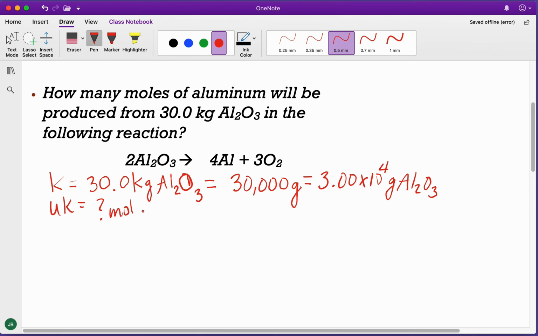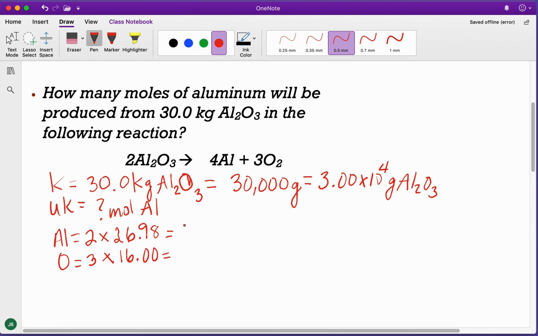All right, so the first thing that we're going to do is solve for the molar mass of aluminum oxide. This ionic compound contains aluminum and oxygen. We have 2 ions of aluminum and 3 ions of oxygen. The mass of aluminum from the periodic table is 26.98 and oxygen is 16.00.